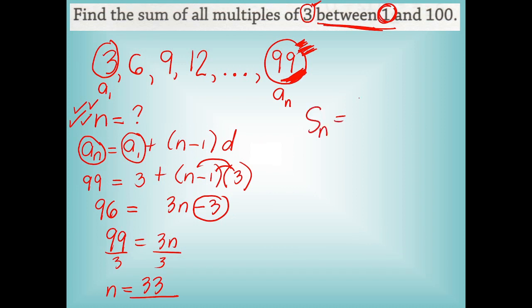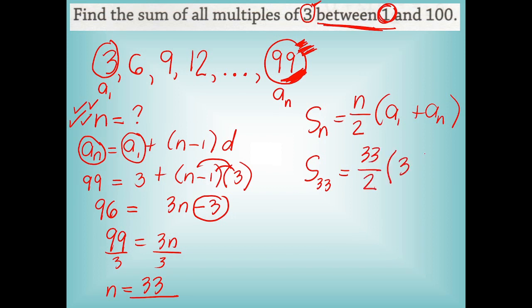The first formula is simpler. We are looking for S sub 33. 33 over 2. What is the first term? It's 3. The last term is 99. So this is how much? 16.5.